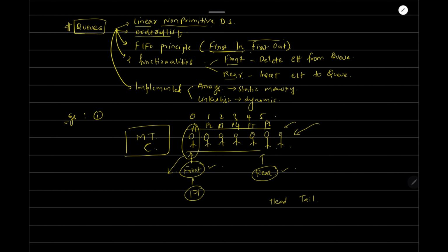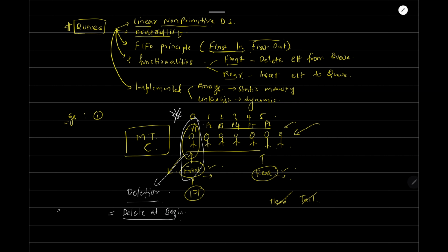But here we don't use the concept of head and tail, unlike in a linked list; in a queue we use the notation front and rear. Here we also need to understand one thing: from the front, deletion is happening, because from the front no person can get added. Only deletion, or leaving the queue, is possible. So we can simply say delete at the beginning.